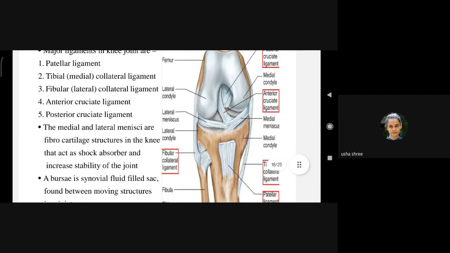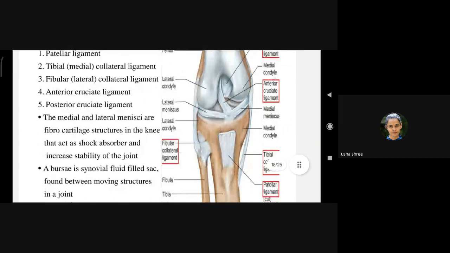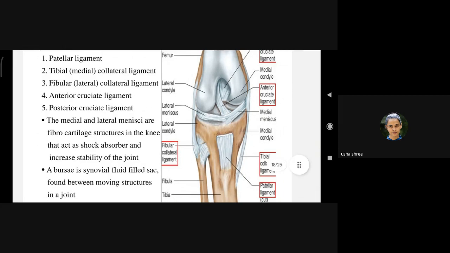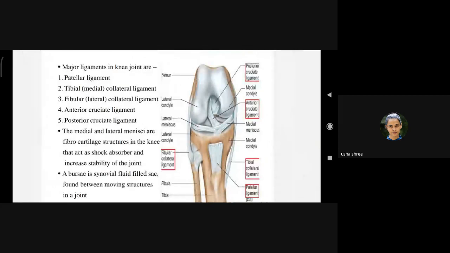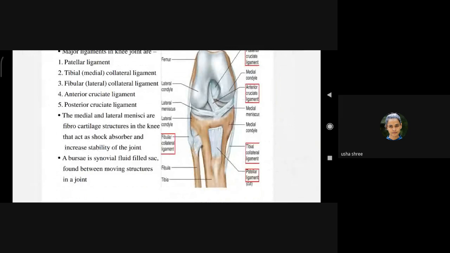You can see here the patellar ligament, which is connecting patella to tibia, and the fibular collateral ligament, which is connecting fibula to femur. Right? All these ligaments, their locations and their connections are clear. Are these clear? Yes, ma'am.